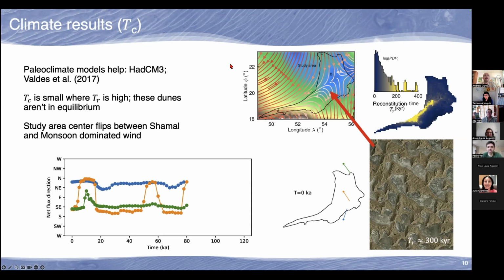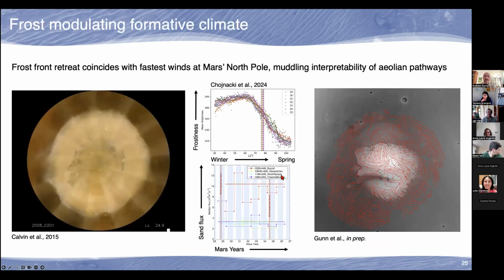Yeah, it's a good question. We don't have that many years of observations of the frost front on Mars yet, so decadal variability is something we can't ascertain. But this graph here at the top, which I've labeled frostiness, is the brightness of these images at a given latitude over time.